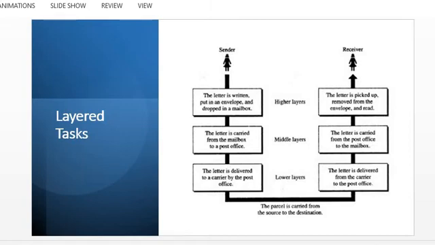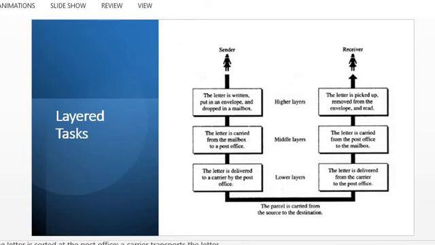Then we look at the middle layer. At the sender's end, the letter is picked up by the letter carrier from the box where you dropped it, and it's taken to the post office. Then you look at the middle layer from the other side, the user's side. The letters, when they arrive at the post office, are sorted and delivered to the user's box. So this is what we mean when we talk about the layered approach to communication processes.